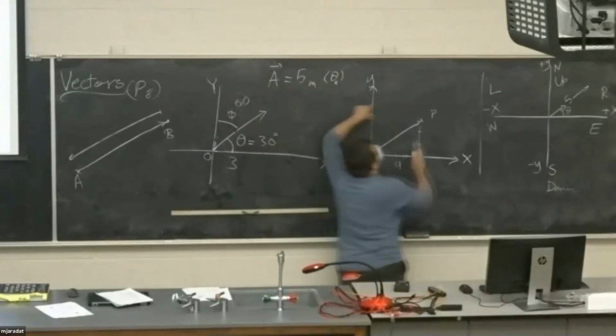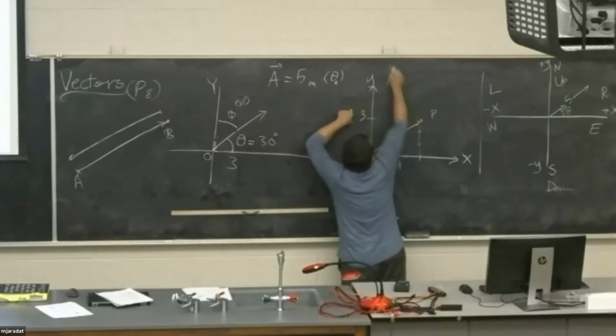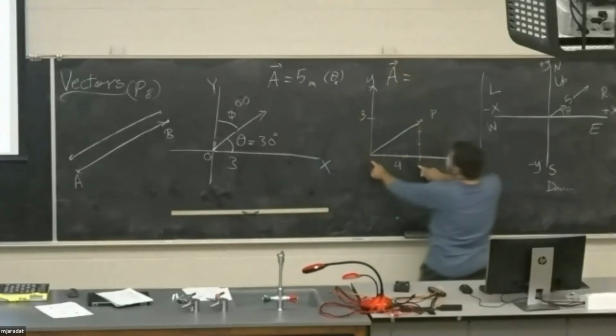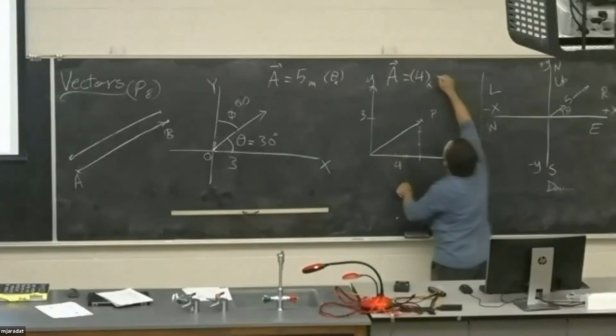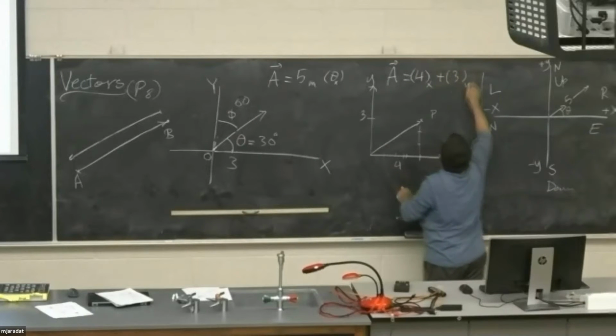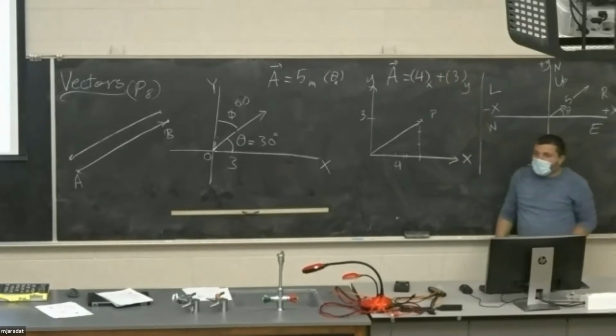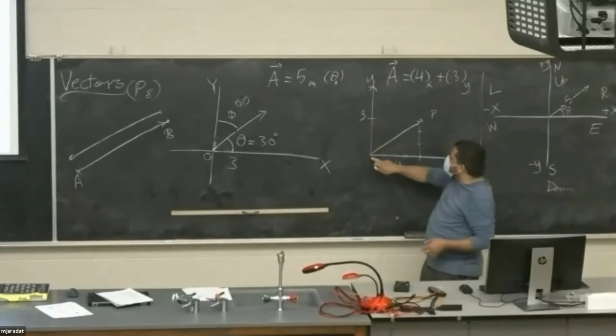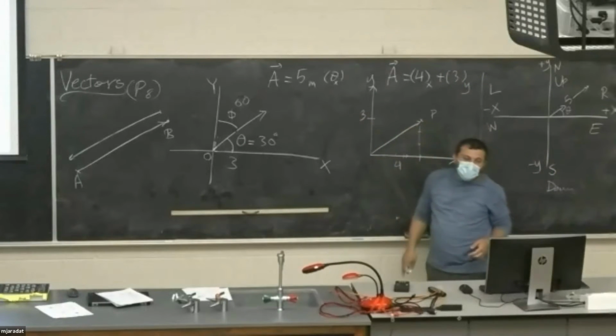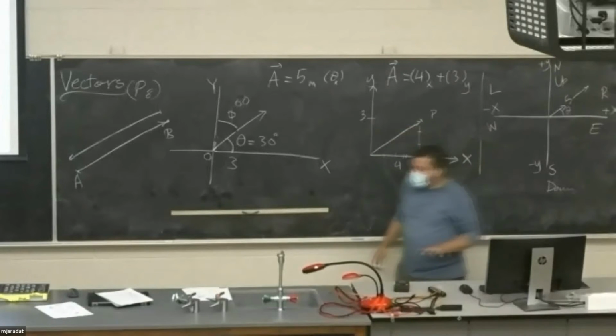But here, A is equal to 4 steps in the x direction plus 3 steps in the y direction. It is the same way. It is the same point. Now, using A, I can reach P from the origin. Okay?